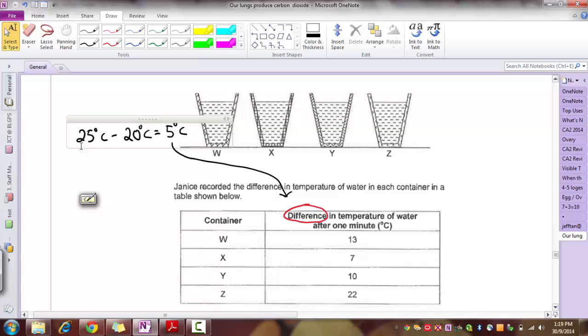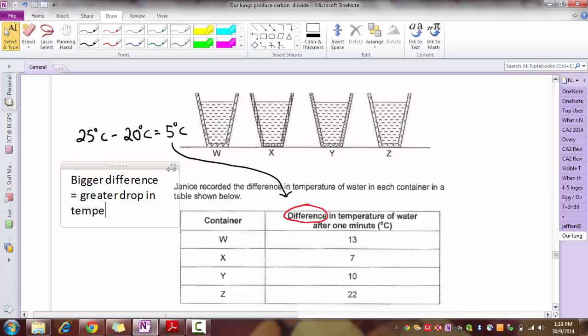That tells us that a bigger difference means a greater drop in temperature. Correct? Because let's say I take another example: 25 degrees Celsius at the start, and at the end it's only 5 degrees Celsius, so my difference is 20 degrees Celsius. So the bigger the difference, the bigger the drop. That's something you need to understand.